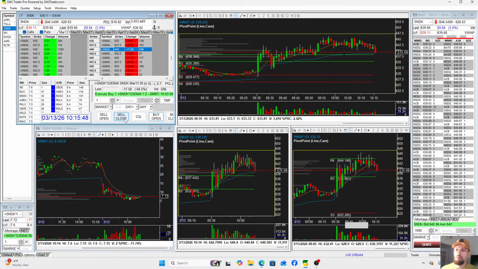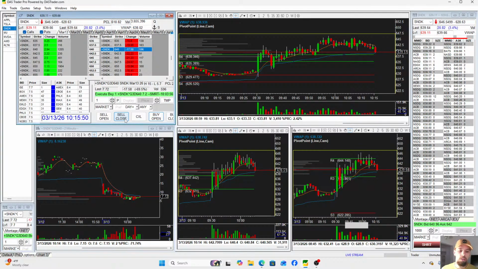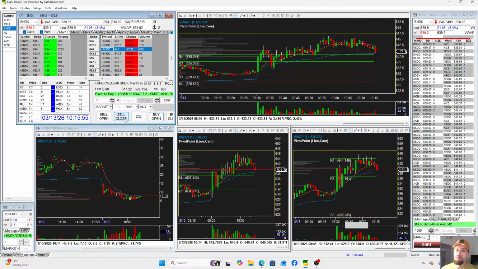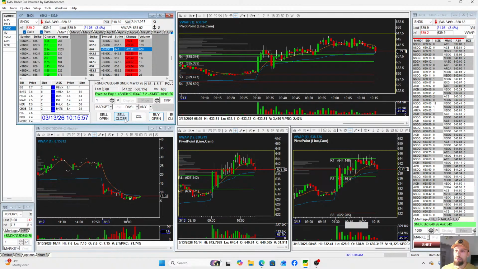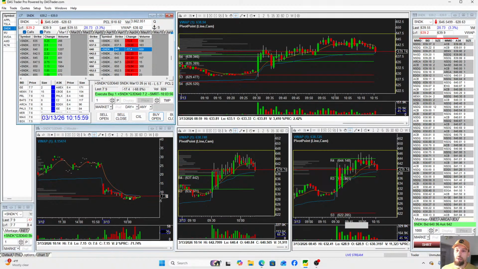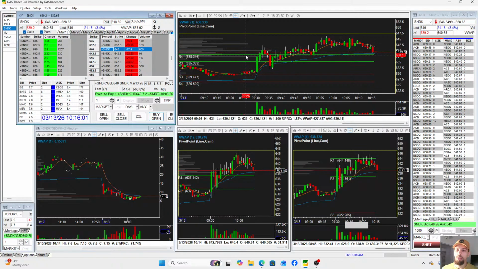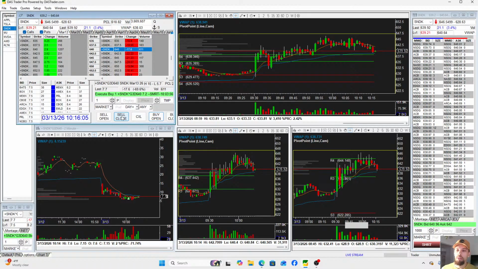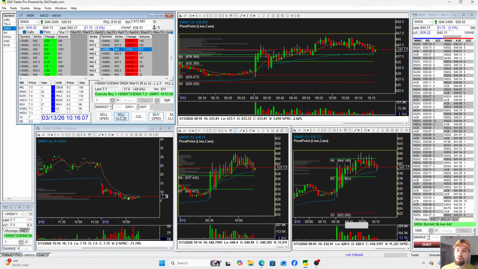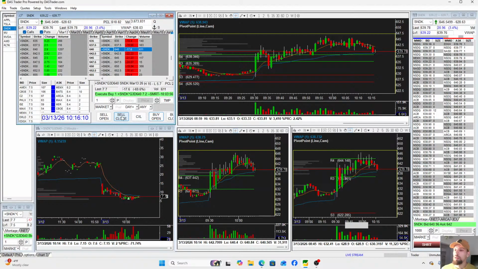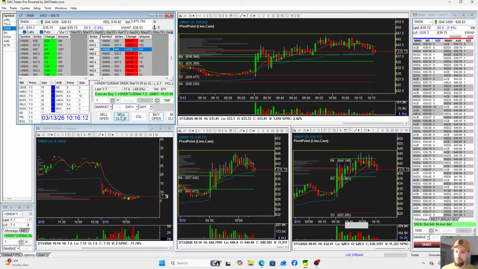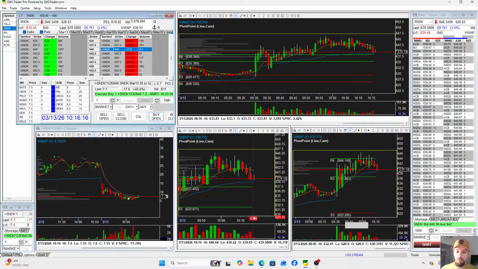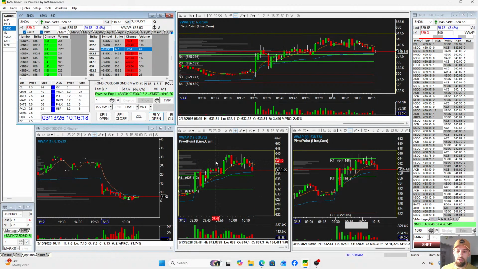Testing VWAP here. I'm looking for 638. A lot of buyers are going to step in here. To squeeze to 638 would be pretty generous, I'd say. Two-minute chart here. Volume's increasing, bought up, sold off. That's nice for me.